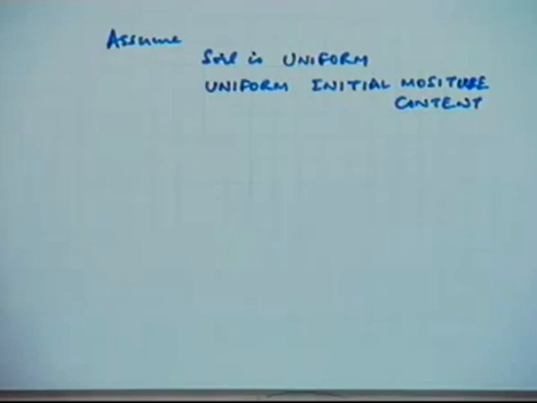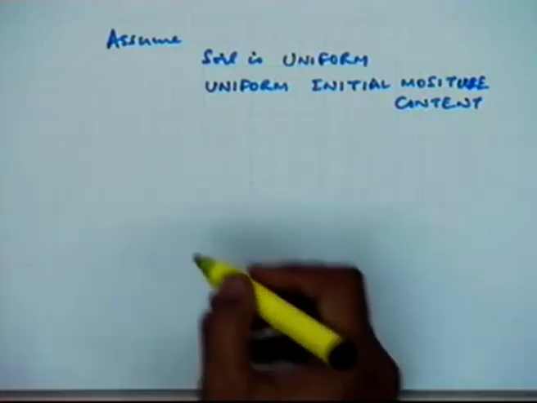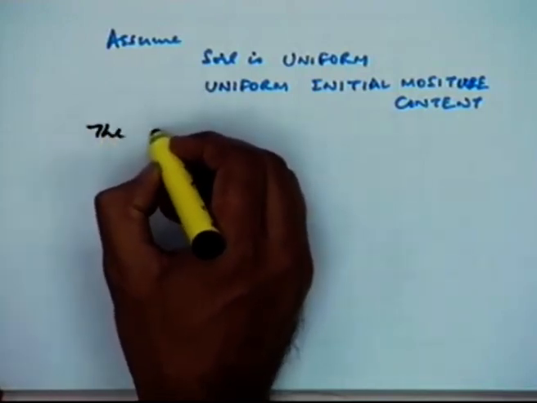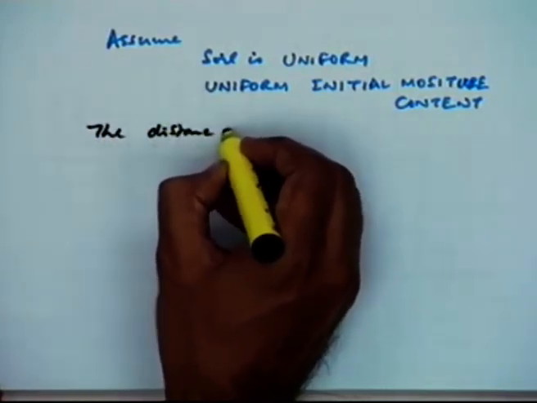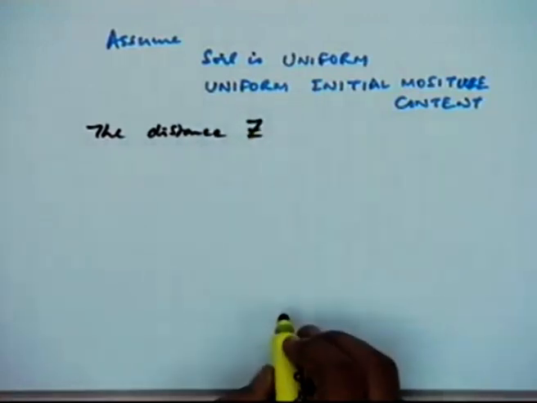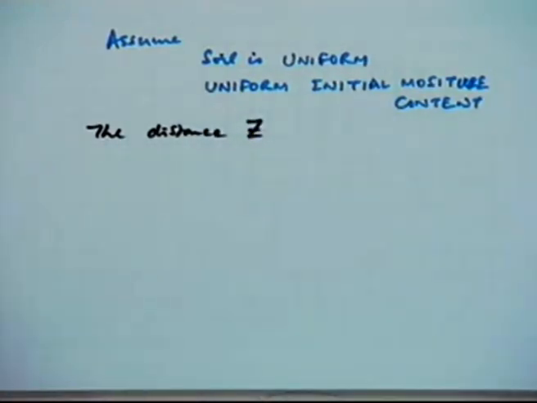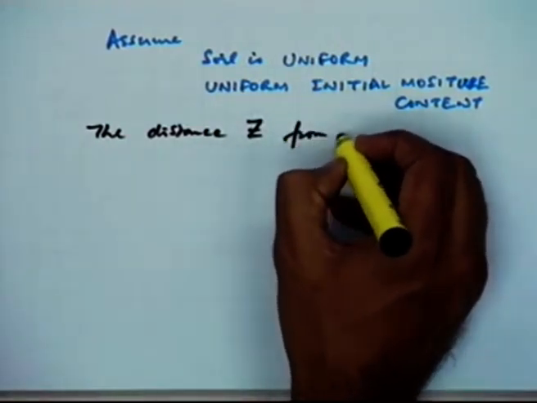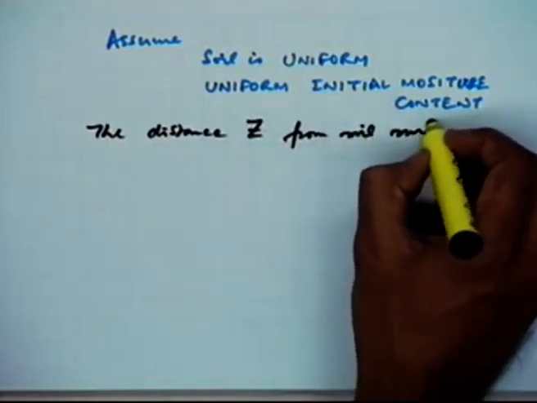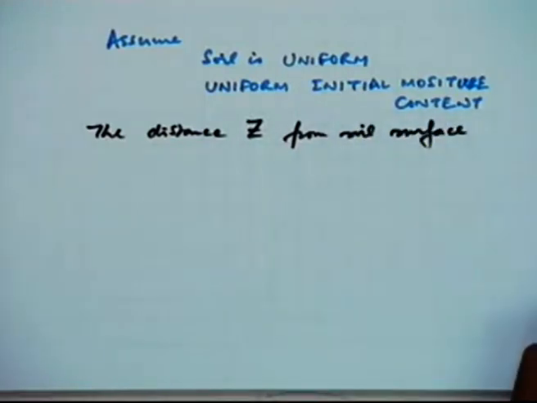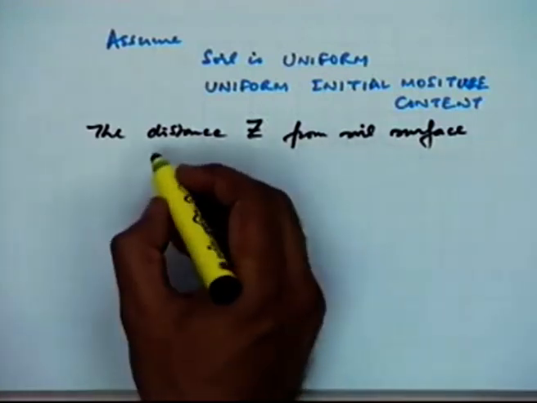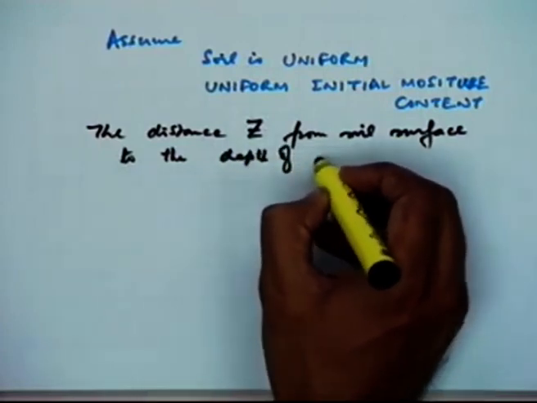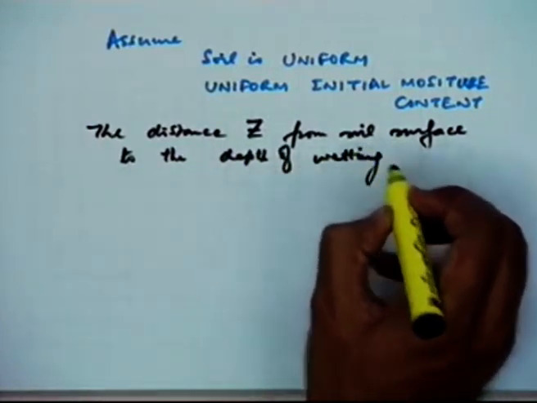Now making these two assumptions, let's take that the distance z, we take z as the vertical distance, the distance z from the soil surface to the depth of wetting.